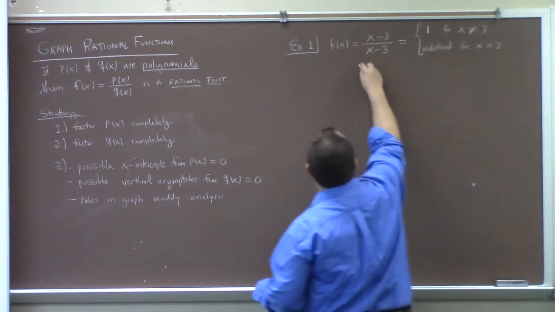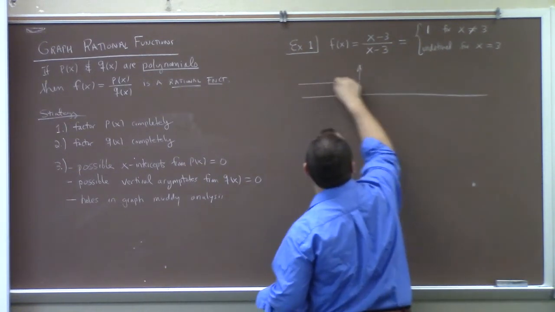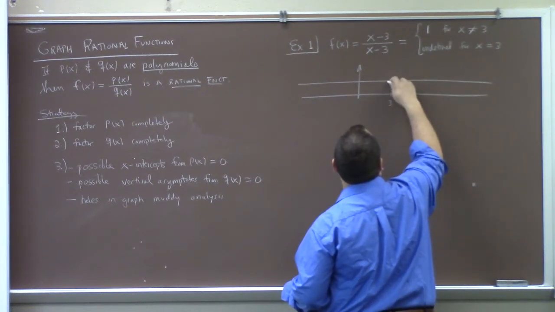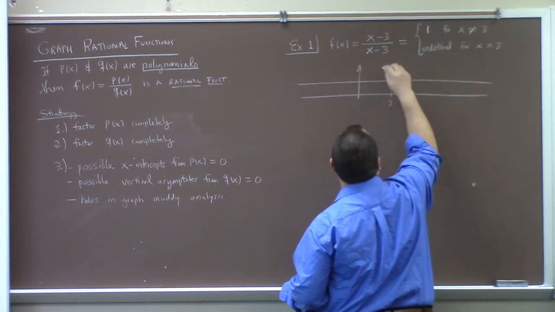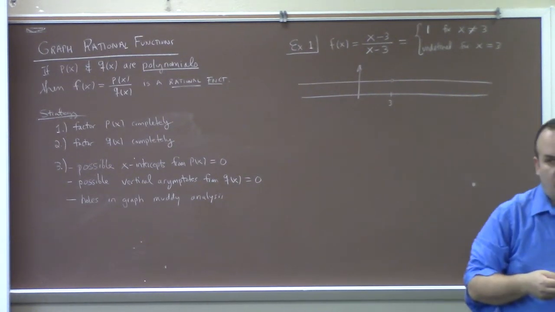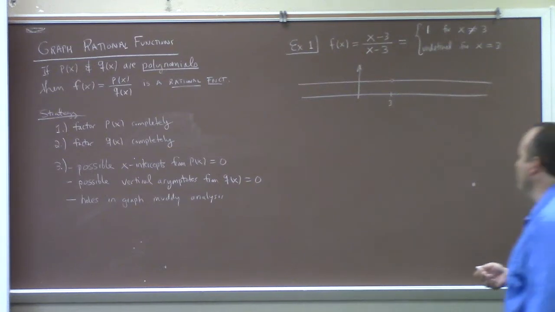So the graph of this is just constant, and then when you're at 3, there's a hole. That's weird, right? But we have to look out for that.